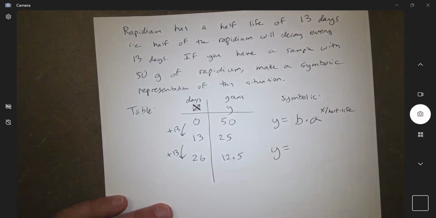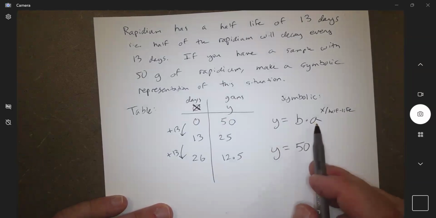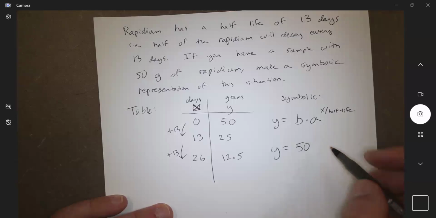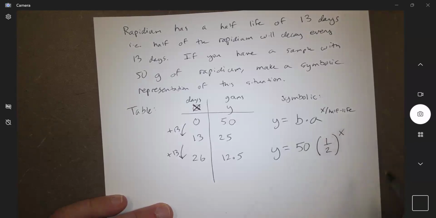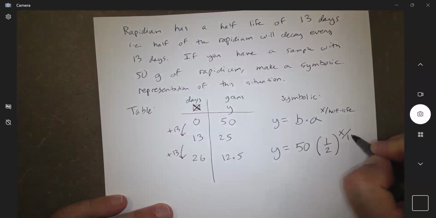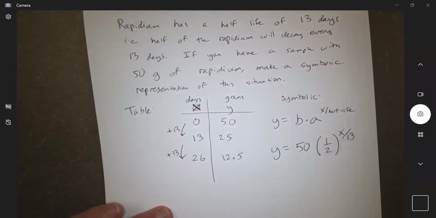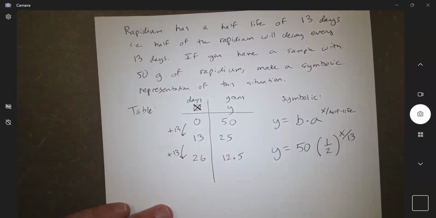What's that number? 50. If I'm in a half-life situation, what should A be? 1/2, because it's multiplying by 1/2 each time. And what is my half-life? 13 days. So up in the exponent, I take X and I divide it by 13, because it takes 13 days in order to multiply by 1/2.